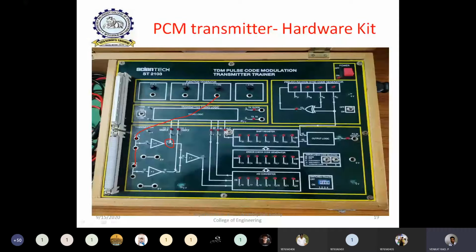When the switch is open, no signal is transmitted. When the switch is closed, only the sample of the signal at that instant is transmitted. Like that, the sampled signal is obtained at this particular pin. Similarly, if you connect another signal, the sampled signal comes at this point. So finally, at this particular point, the sampled signal is obtained.